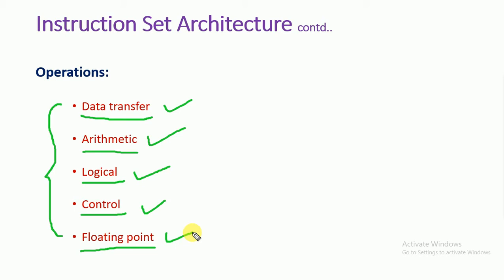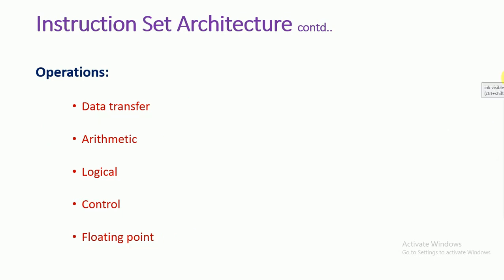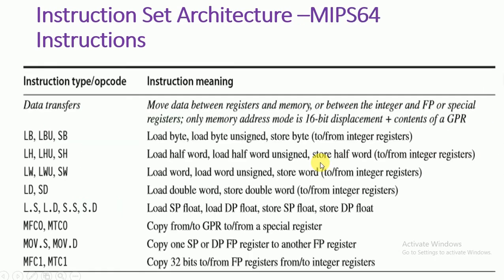We will see them one by one with very few examples. We will just have a look at how these operations look. First of all we will see data transfer operations. We are taking all these instructions from the MIPS 64-bit processor. So we are considering only MIPS operations.